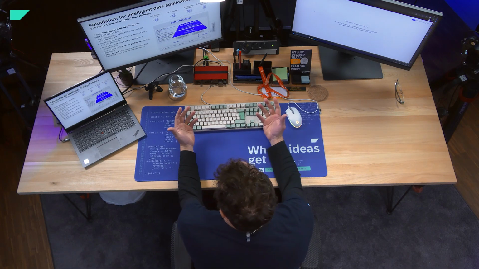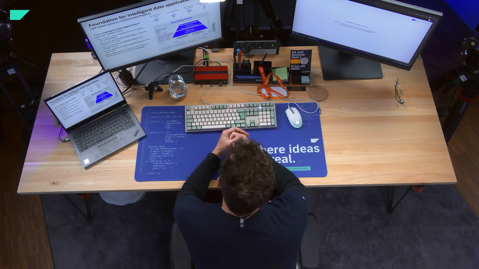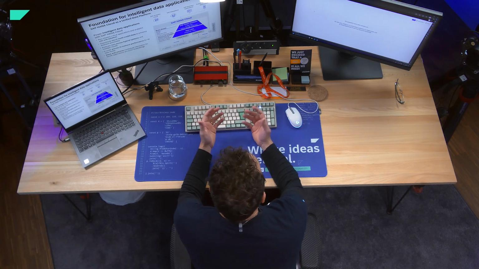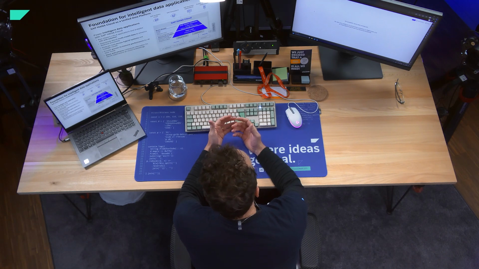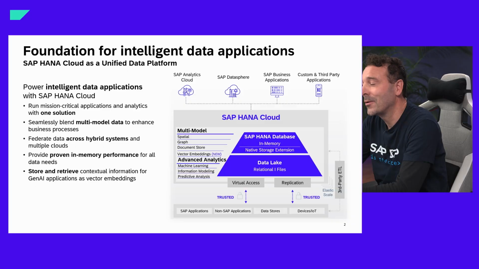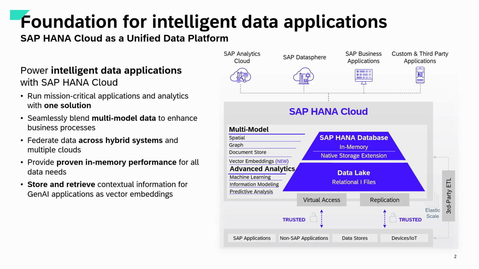So basically, we are talking about SAP HANA Cloud, which is the backbone of our analytical and transactional applications and also many custom applications. And specifically, there are a set of so-called multimodal capabilities in SAP HANA Cloud, which comprise the spatial engine that lets you deal with georeference data.